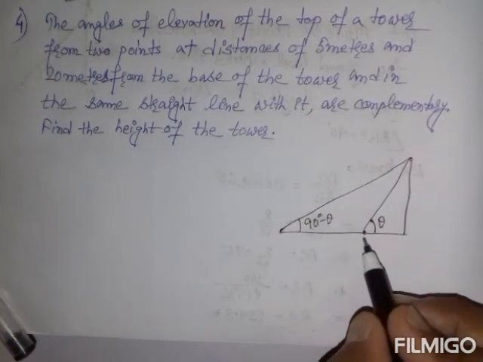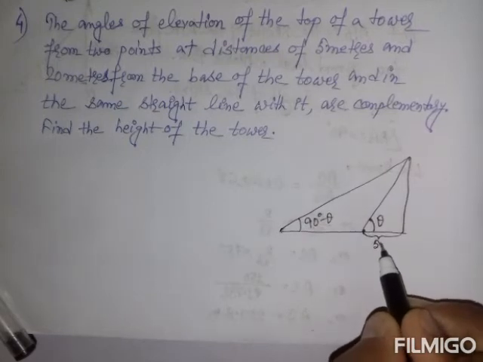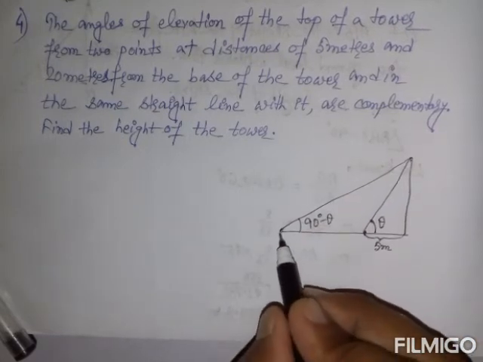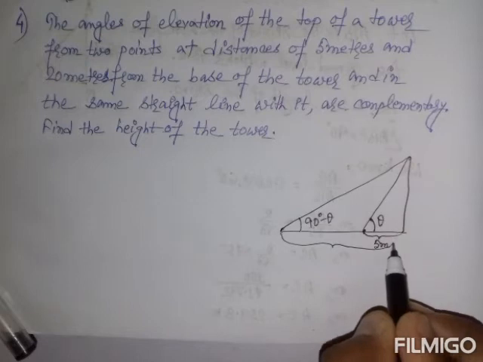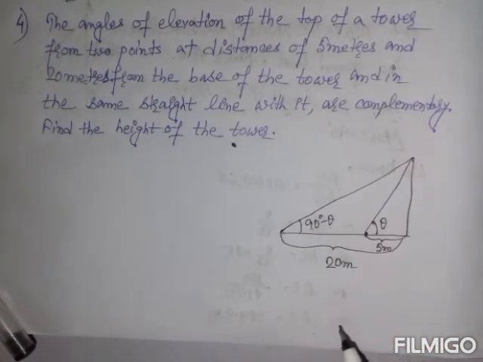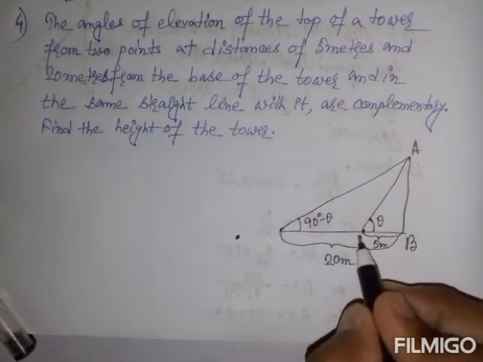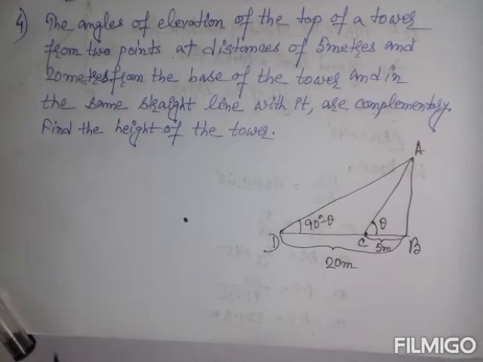Okay, and this distance is 5 meter and this distance is 20 meter. Now A, B, C, D.